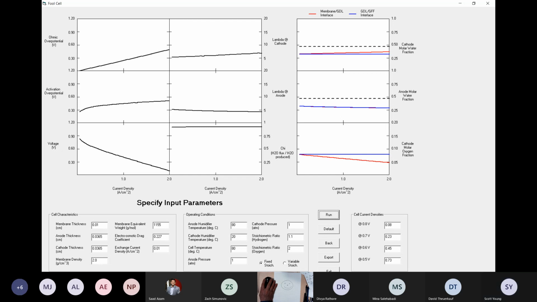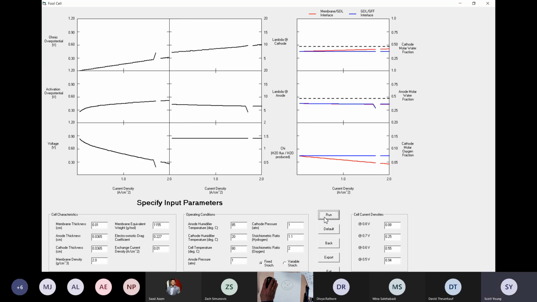Well, what happens if we just increase the anode humidifier temperature and bring more water in? Let's go to 85 and see what happens. And hopefully we won't cause flooding somewhere. Ooh, we did something. We have a glitch.